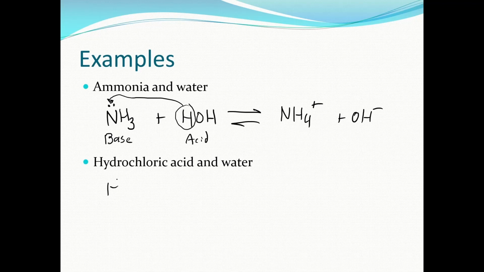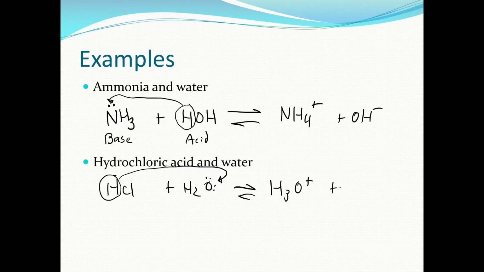Hydrochloric acid is HCl, and water has those lone pairs on it, remember. So water is going to accept the hydrogen. H2O plus a hydrogen makes H3O plus. We've done this before. It leaves Cl minus, but we classify them differently. This is giving up a hydrogen, which makes it an acid, and this is accepting, which makes it a base.